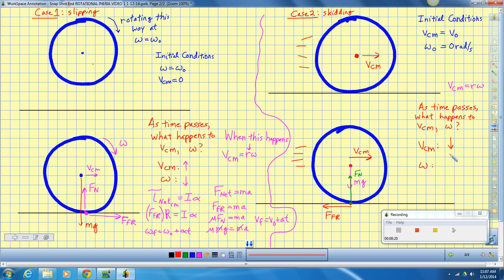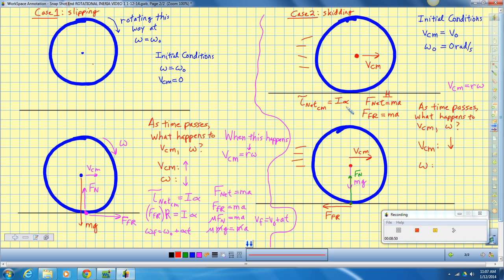I can do that with net force equals ma. Let's do that really fast. Net force equals mass times acceleration. My force of friction is opposite my velocity, but that force of friction is what's responsible for causing my horizontal acceleration, because vertically those two forces are balanced. On the rotational motion side, torque net around the center of mass is equal to I times alpha.